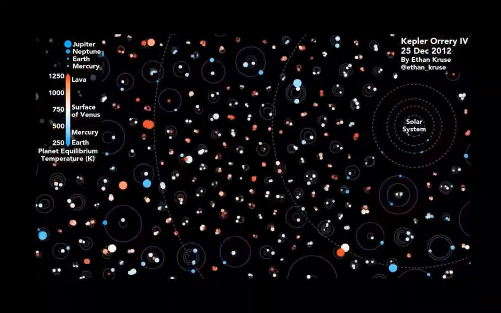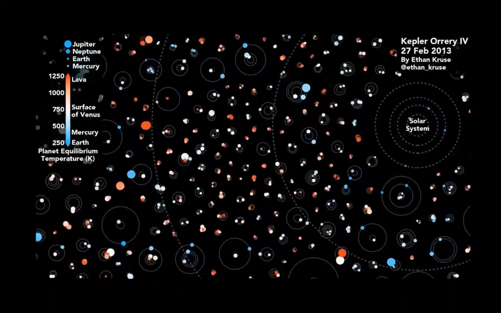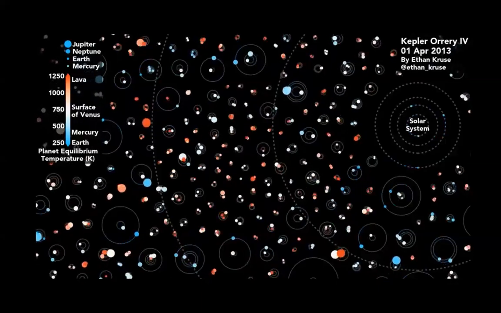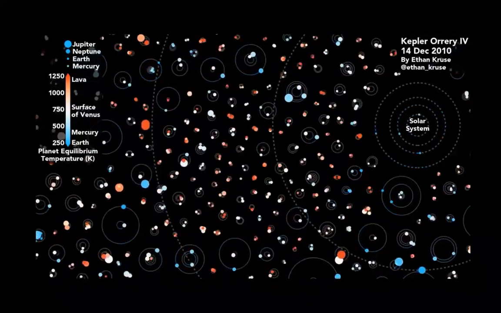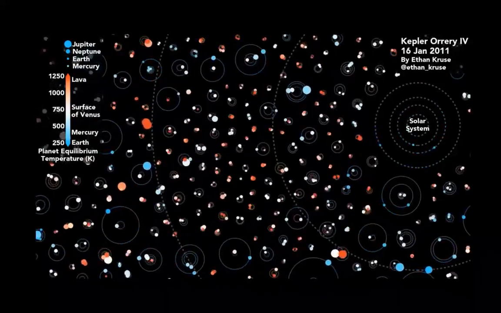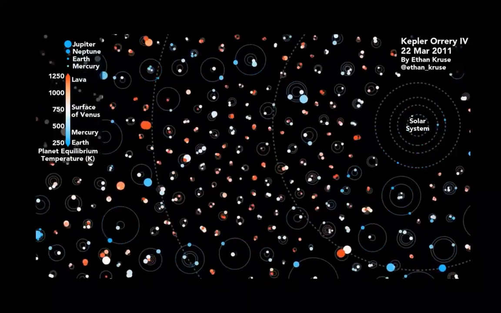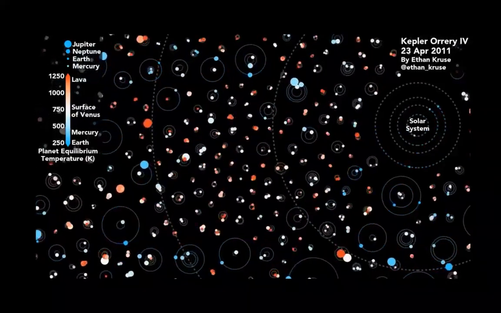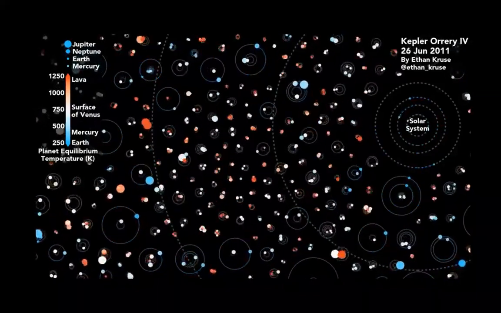So the takeaway here, in addition to just the extreme diversity of planets, is that many of these exoplanetary systems are very compact compared to the solar system. So if I try to highlight these sort of concentric circles here, these sort of dashed circles, these represent the orbits of Mercury and Venus.